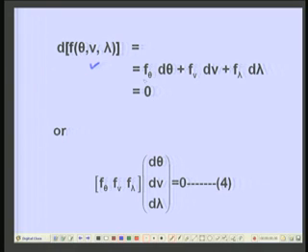Here f_theta, f_V and f_lambda are the matrices of partial derivatives, and this equation can be arranged in this form: the matrices f_theta, f_V, f_lambda multiplied by the vector d theta, dV, d lambda equal to 0.